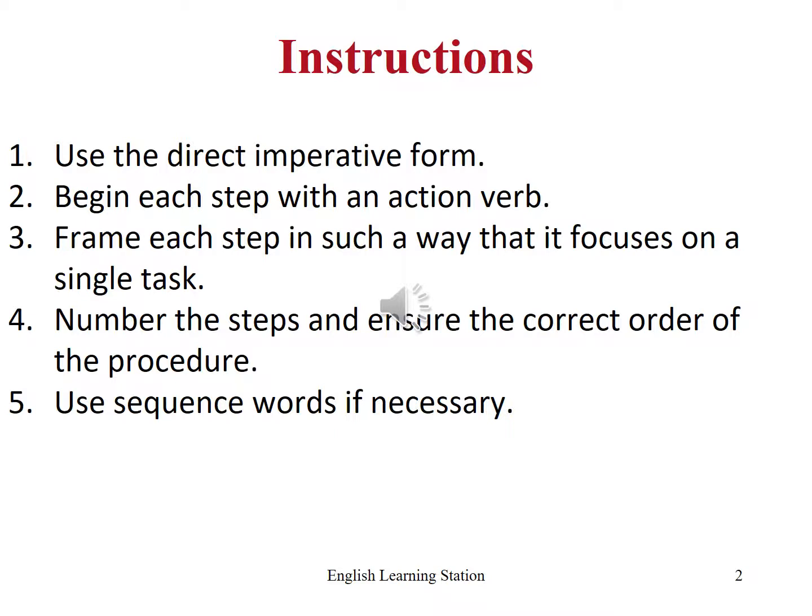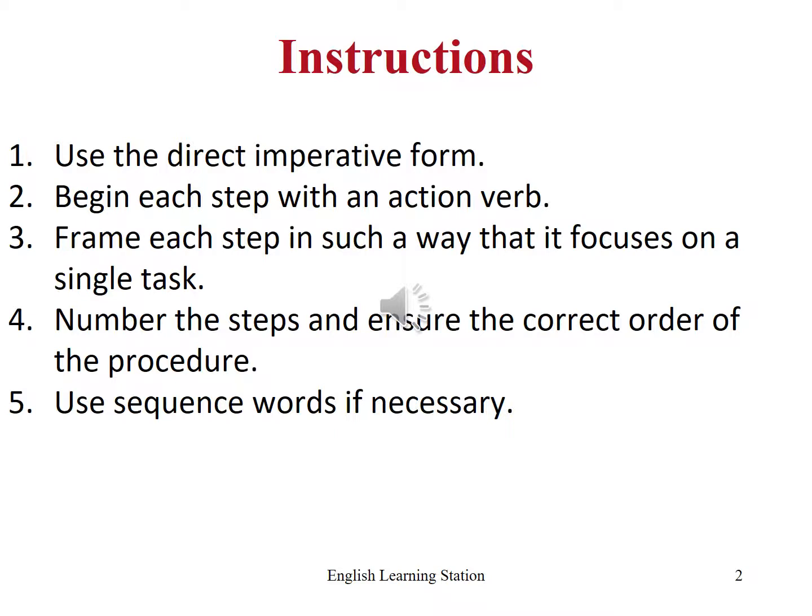So, for example, keep all the doors and windows open while working in the laboratory could be the first instruction. Keep your working place neat and tidy could be the second instruction. Handle all glassware items carefully could be the third instruction. Wear apron and gloves while handling the chemicals could be the fourth instruction.